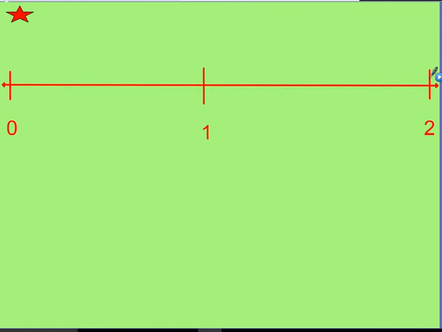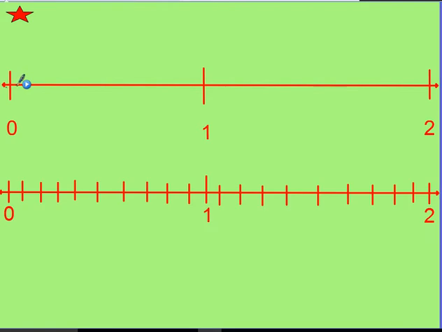Well, what happens if I would like to mark on here 6 tenths, or 0.6? Well, if I look at that, that means I know there's 10 in between each of the whole numbers. So I'm just going to evenly space out those. There's 10 of them in a whole number.